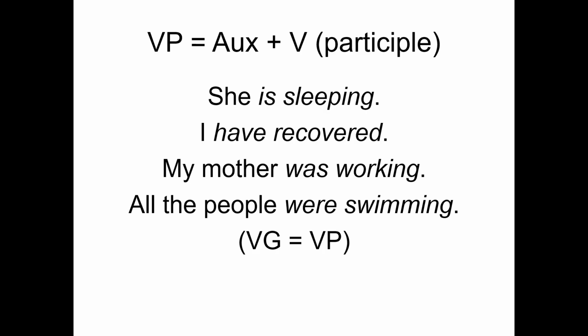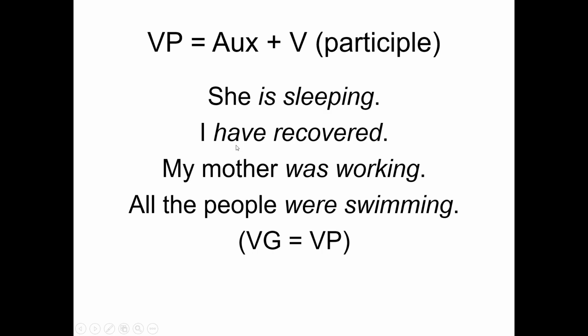And in other cases, a verb phrase may consist of an auxiliary verb, is, and a lexical verb, sleeping, which is a participle. In this case, a progressive participle. I have recovered. I have had the post-covidal complications.